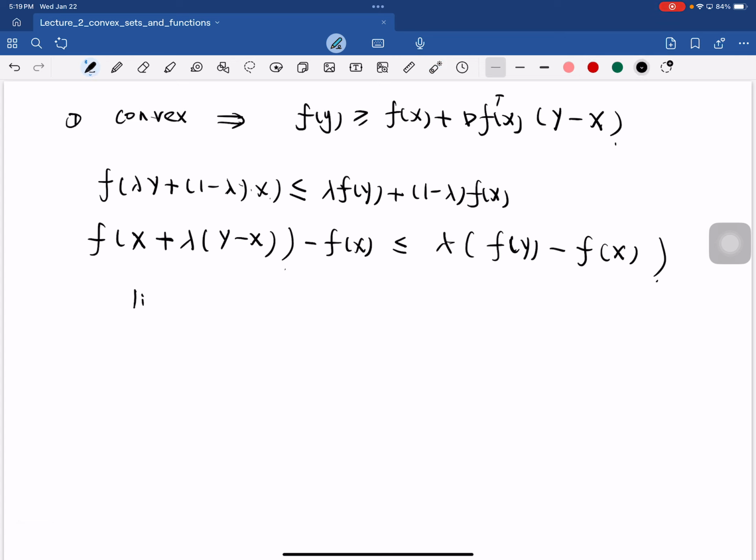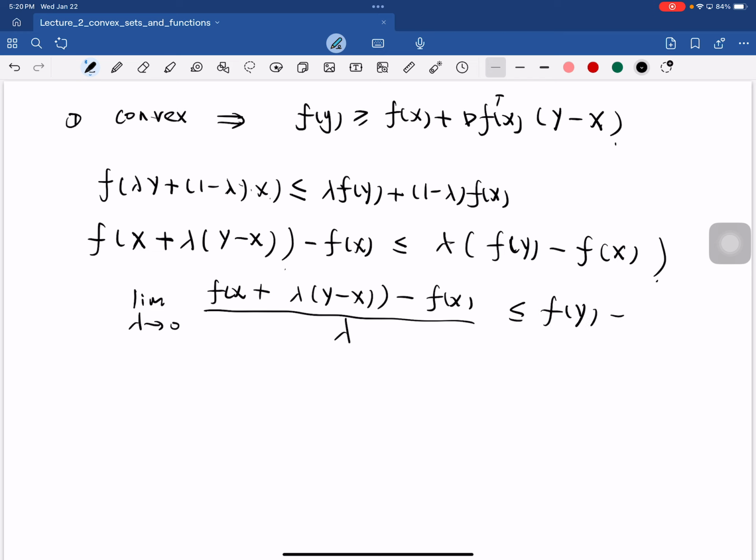So let's say, limit as lambda goes to 0 of f(x plus lambda (y minus x)) minus f of x, divided by lambda, is less than or equal to f(y) minus f(x).